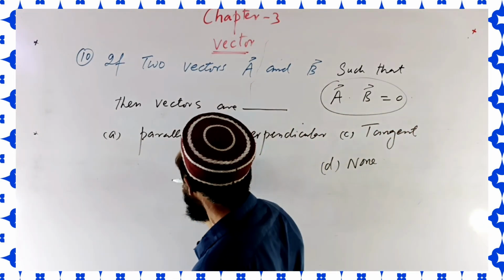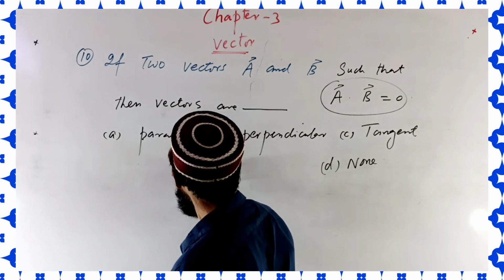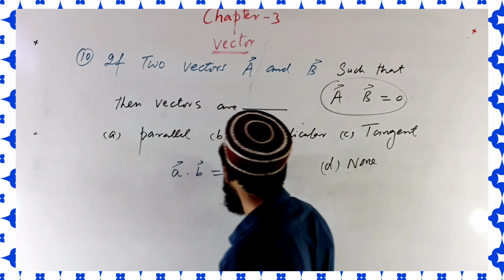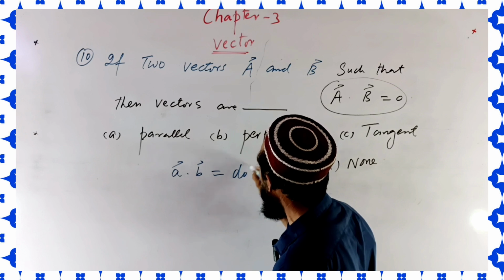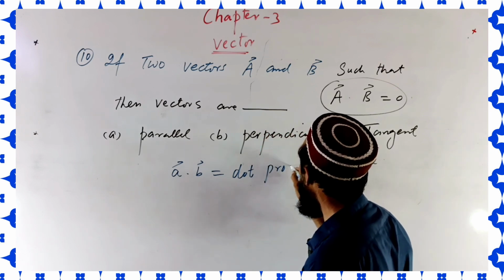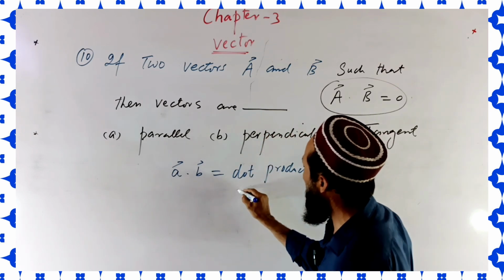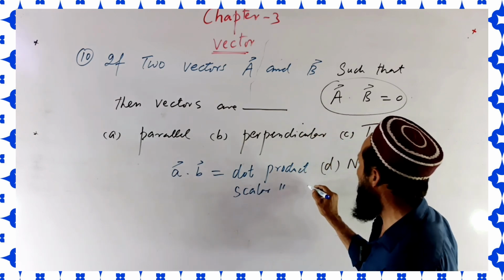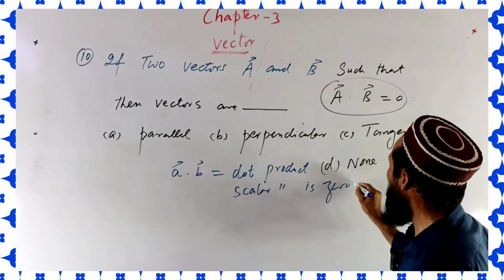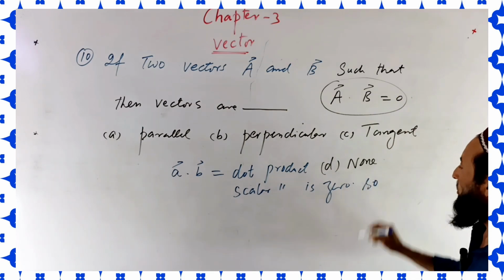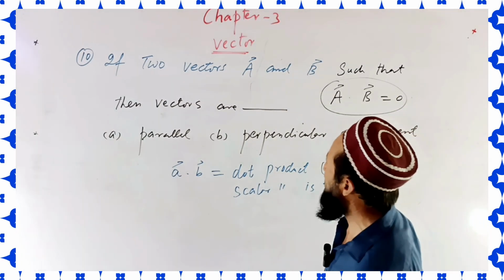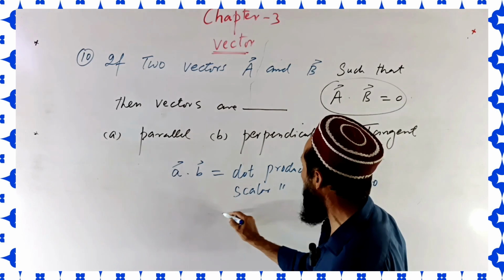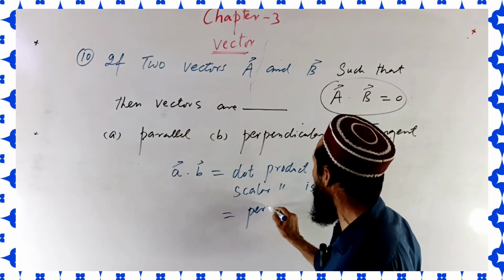If two vectors A and B are perpendicular, their dot product or scalar product is 0. So the two vectors are perpendicular.